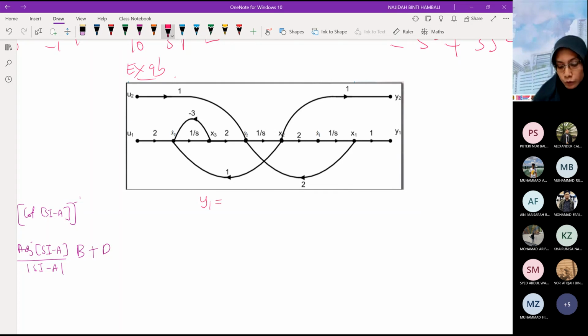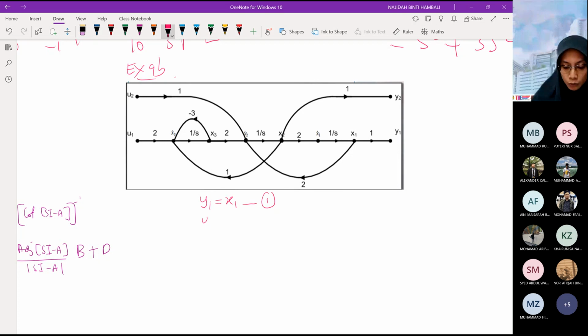Okay, Y1 equal to X1. Very good. Ada lagi tak? Ada lagi? Dah. Tak ada. Okay, this is the first equation.